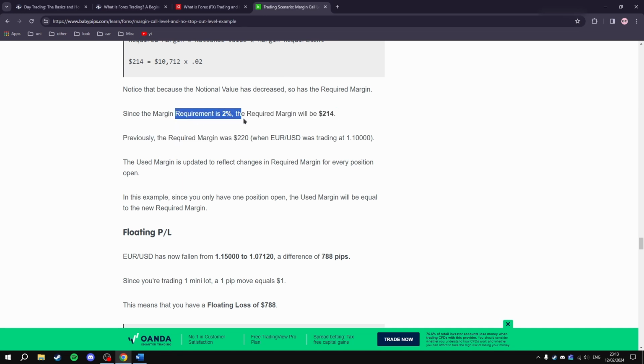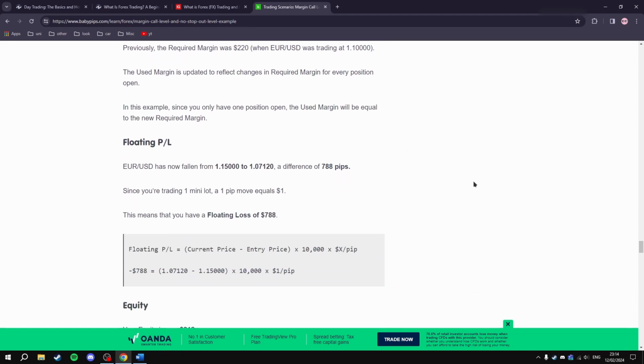Since the margin requirement is 2%, the required margin will be $214. Previously, the required margin was $220 when EURUSD was trading at 1.1. The used margin is updated to reflect changes in the required margin for every position opened. In this example, since you only have one position open, the used margin would be equal to the new required margin.